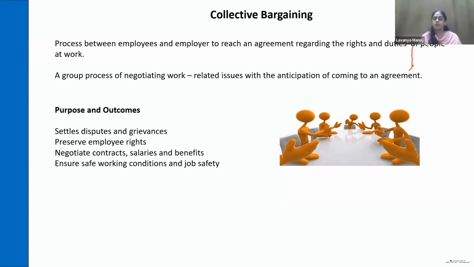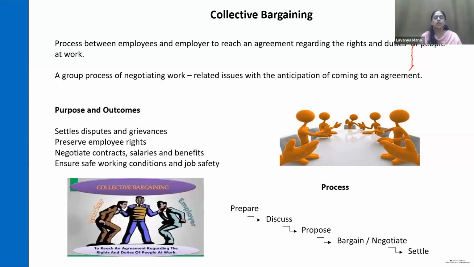They take the responsibility on their own and speak for the employees and workers to the management, to the government, and to other unions as well, to make sure employees are working in safe and hygienic conditions. So collective bargaining, this is the process. First, prepare what the needs of the employees are. After getting all the requests from the employees, everything is collected and a few things are prioritized.